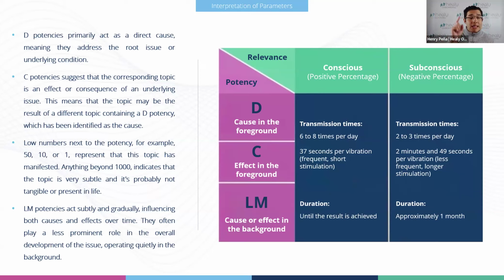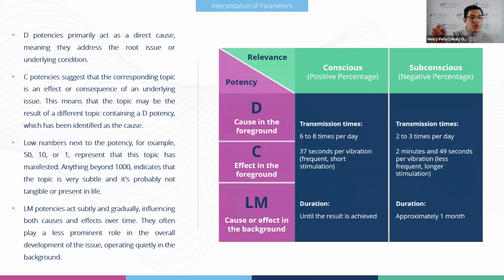And then also keep in mind that there will always be a little number next to every single one of the potencies. If it's a low number, as you can see right there on the third bullet point, 50, 10, or 1, anything that's low like that, it means that it's a topic that has already manifested in your life. So you should be able to say, yep, that's me, I've experienced that. But if it's a really high number, it is possible that it may not be something that is very tangible or present in your life.